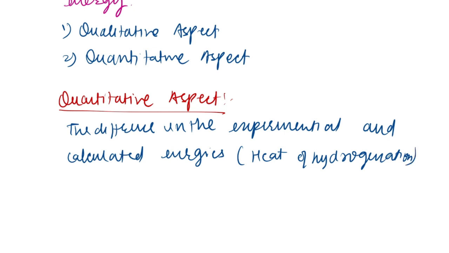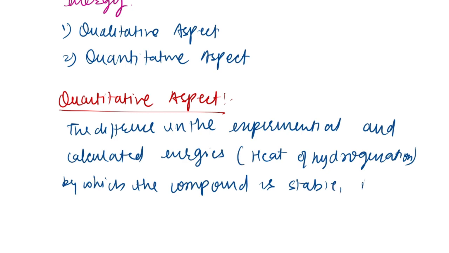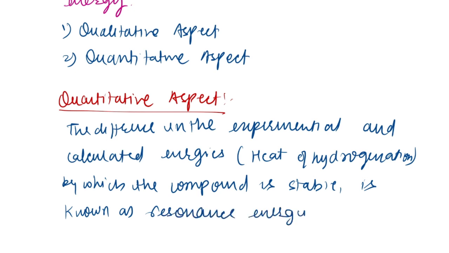That will be calculated for one compound, through which we will understand which compound is stable. How much more stable the compound is, by energy, is known as resonance energy.